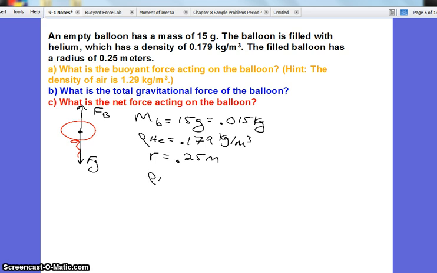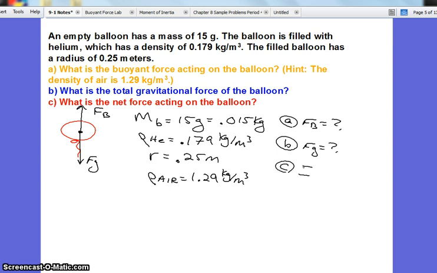And we have the density of air, which is 1.29 kilograms per cubic meter. For part A, we need to find the buoyant force. For part B, we need to find the gravitational force.